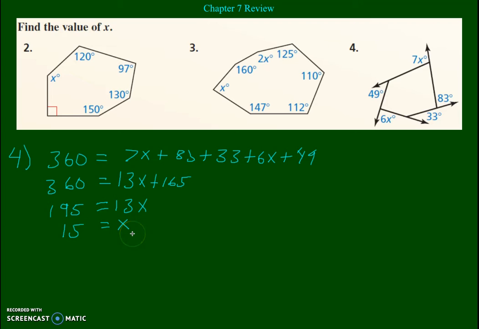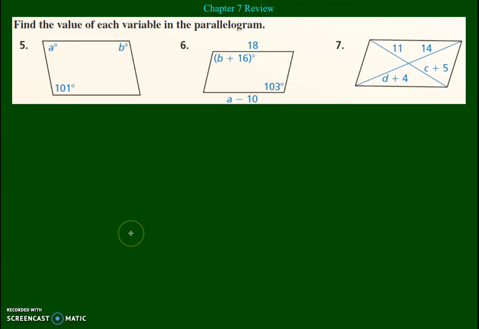Now on to problem 5. In problem 5, we're into the world of parallelograms, and it says find the value of each variable. So this variable and this variable for number 5. These are consecutive angles, and the consecutive angles in a parallelogram are supplementary. So for number 5, we can find A by saying that this plus this equals 180.